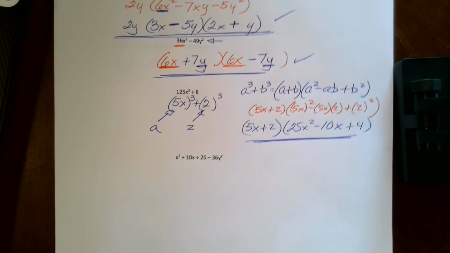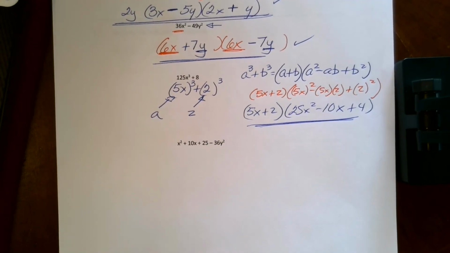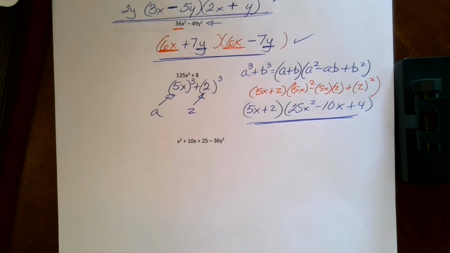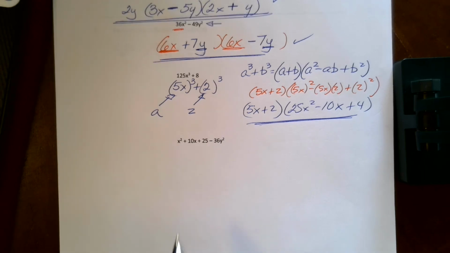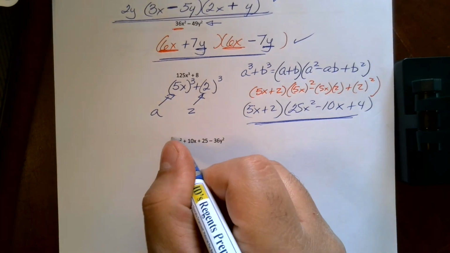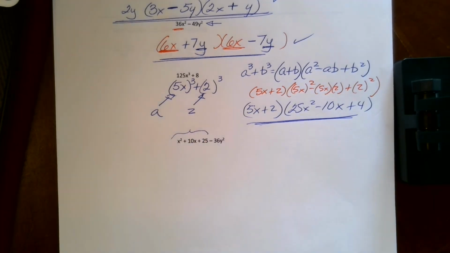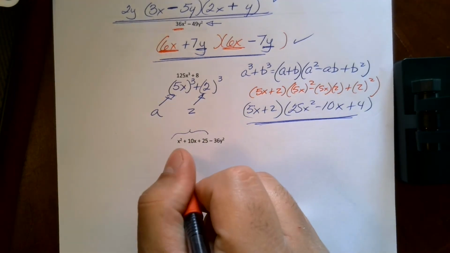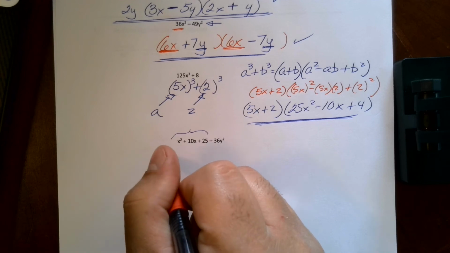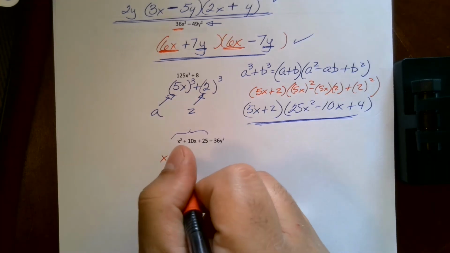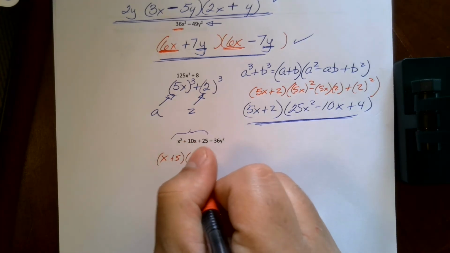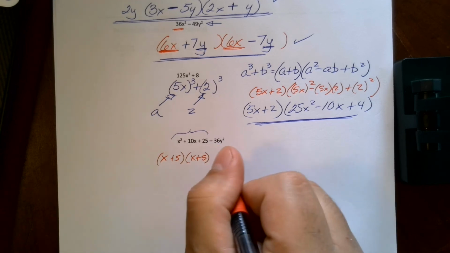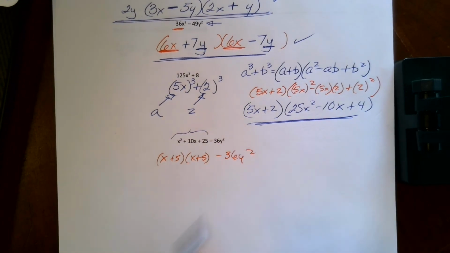In this next example, it's a 4-term polynomial, so we're going to factor by grouping. We would look for a GCF. There is no GCF. This is a special type of grouping because I recognize this as a trinomial squared. I could actually factor this as x plus 5, x plus 5 minus 36y squared.